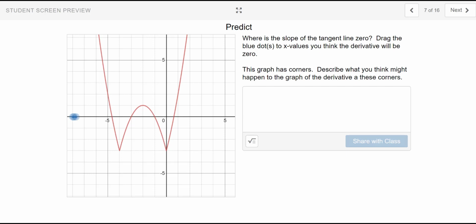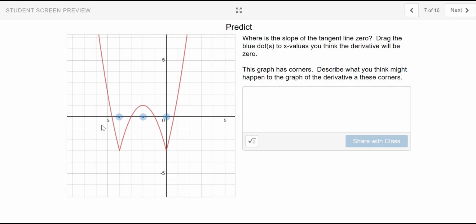We're also asked to consider what is happening at these sharp corners or cusps on a graph. So a lot of students here will observe the pattern that anytime we go from decreasing to increasing, we might have a 0 there, or from increasing to decreasing, we could have a 0 here, and again decreasing to increasing, so perhaps we have a 0 here as well.